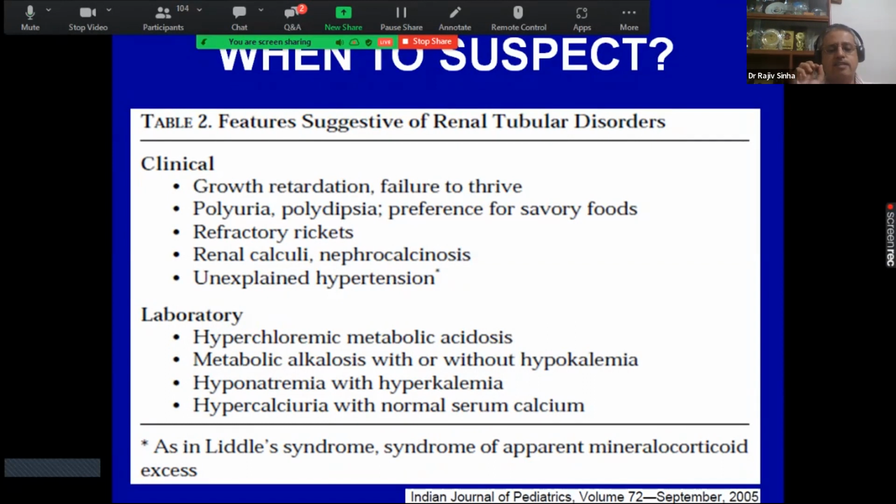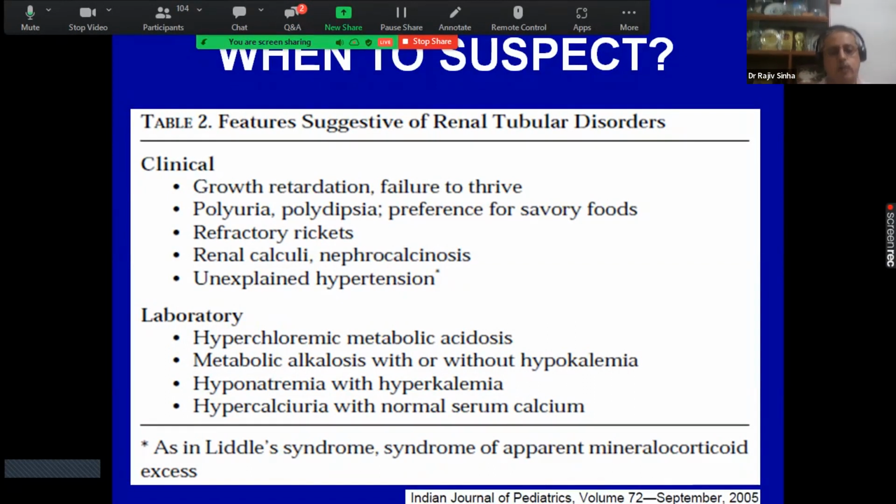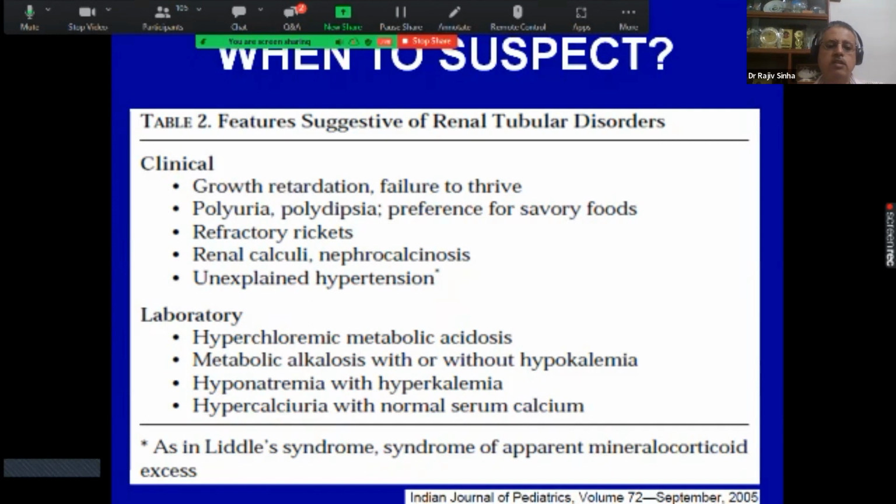There are certain lab pictures which are quite characteristic of an underlying renal tubulopathy. For example, hyperchloremic metabolic acidosis, metabolic alkalosis, hyponatremia, low sodium, high potassium, and hypercalciuria with normal serum calcium. If you encounter all of this, you should start to think whether you are dealing with a child with tubulopathy.